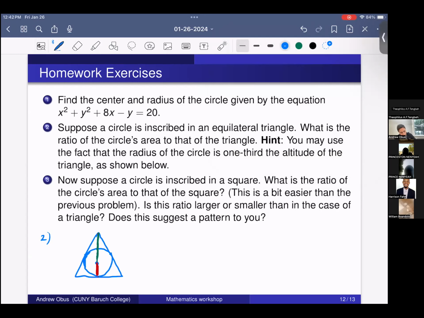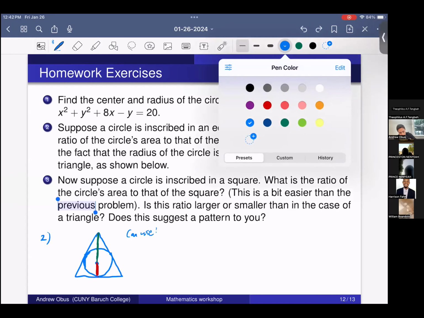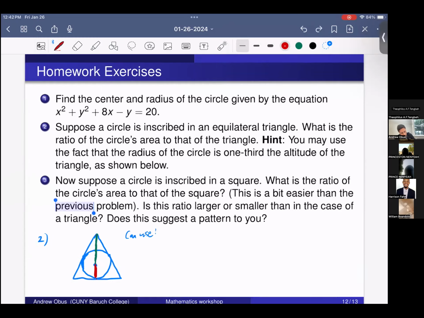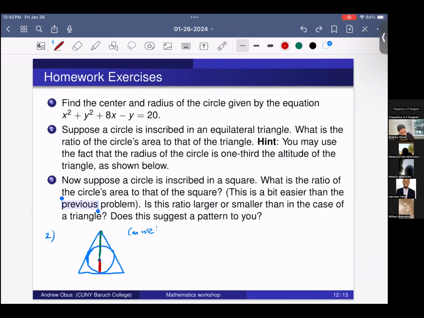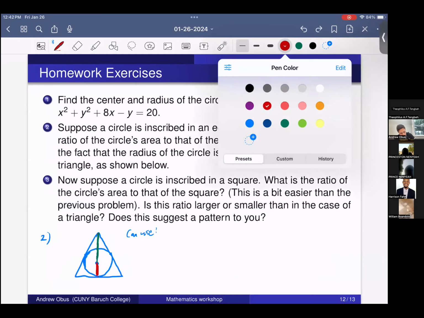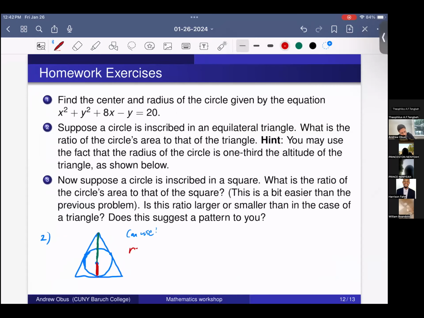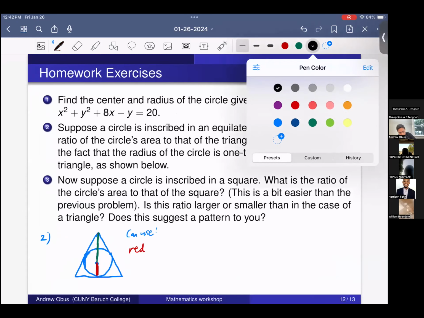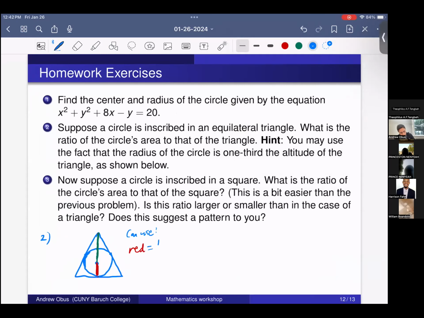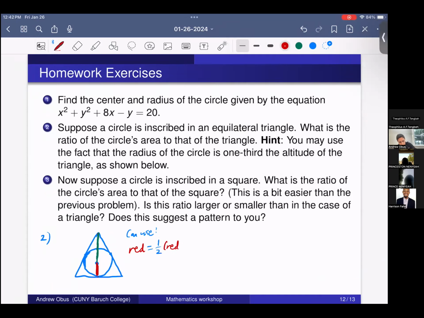You can use that the red is equal to 1/3 of red plus green.